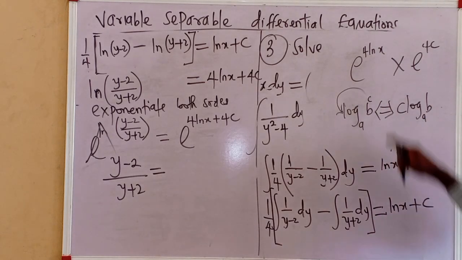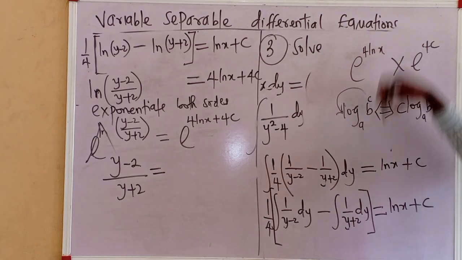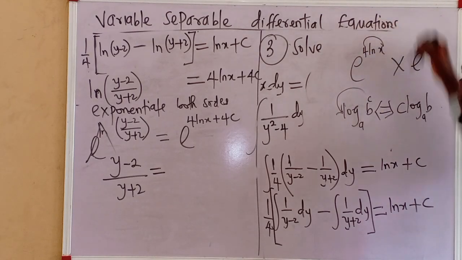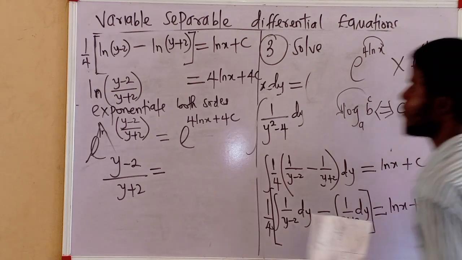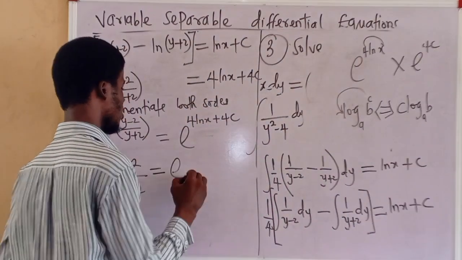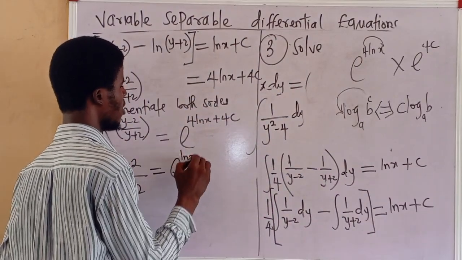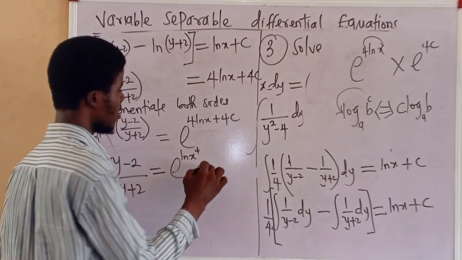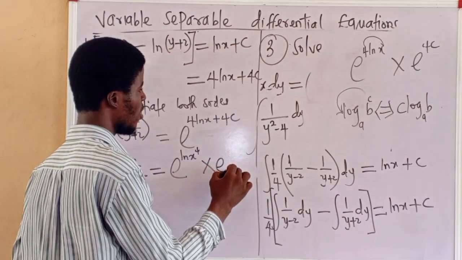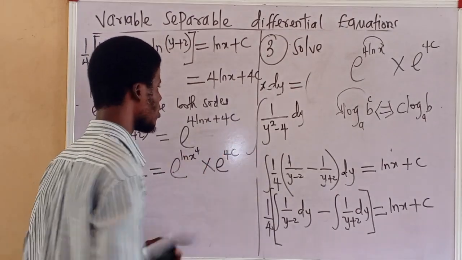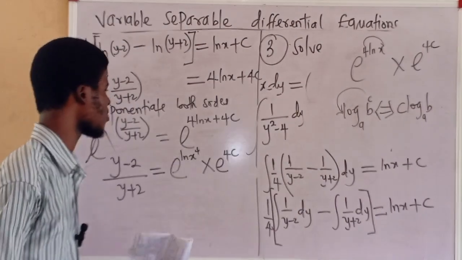In this case, we are having 4 ln x. The 4 can stand as a power of x here. If that happens, we'll have e to the power of ln x to the 4th, times e to the power of 4c. I hope you get this.